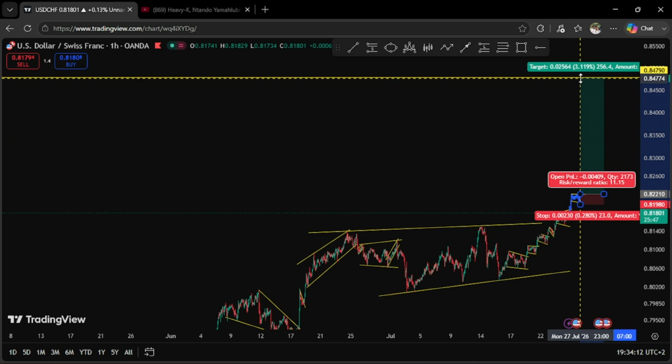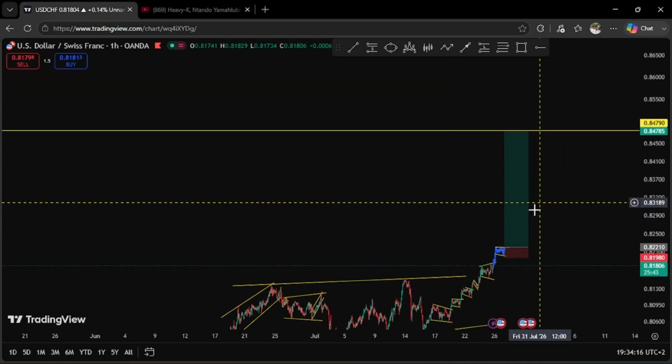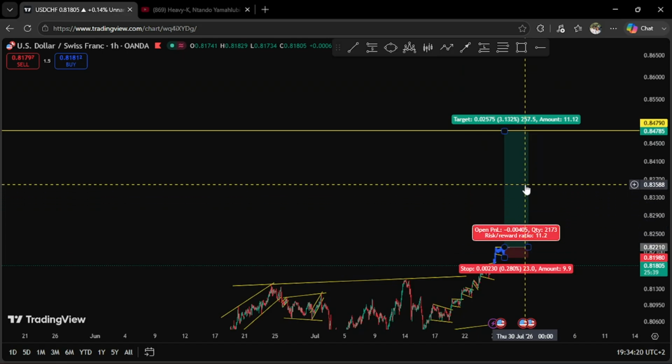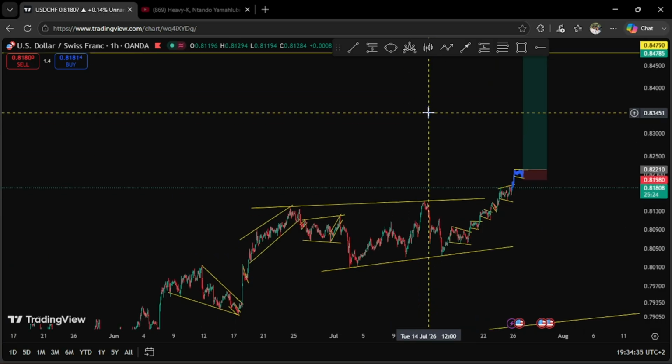So we have a possible move of 257.5 pips. This is a risk to reward ratio of 11.2. Who wouldn't want to be in this trade? So this is just one of the trades you would have been looking into for next week, possibly.